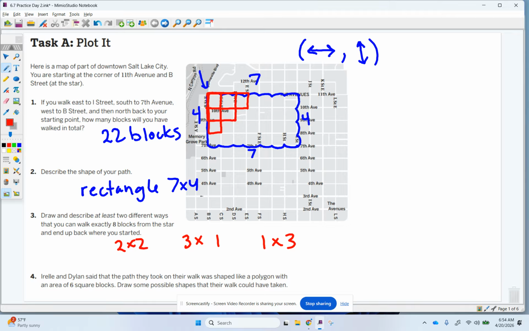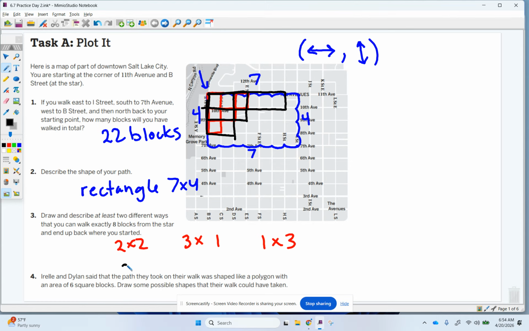Then it says that I'm going to have 6 square blocks. To get 6 square blocks, you're going to need a total of 6 blocks. So like I can do this, a 3 by 2 would give me 6, or a 6 by 1, or a 2 by 3. There we go. That's what I'm looking at for that one.